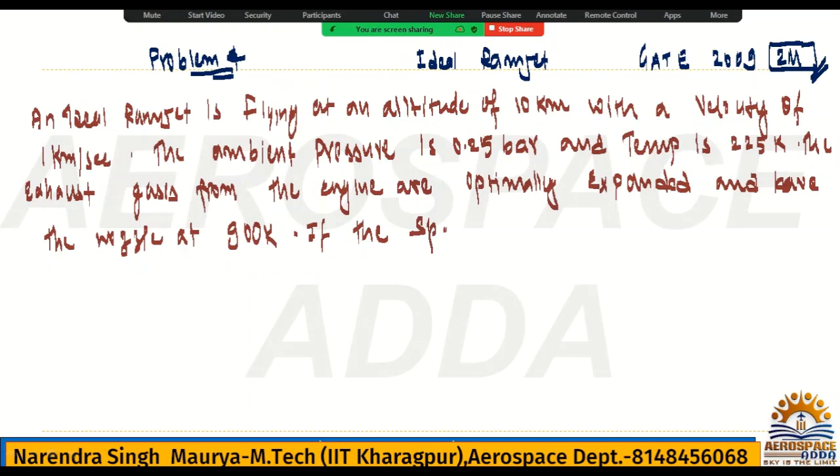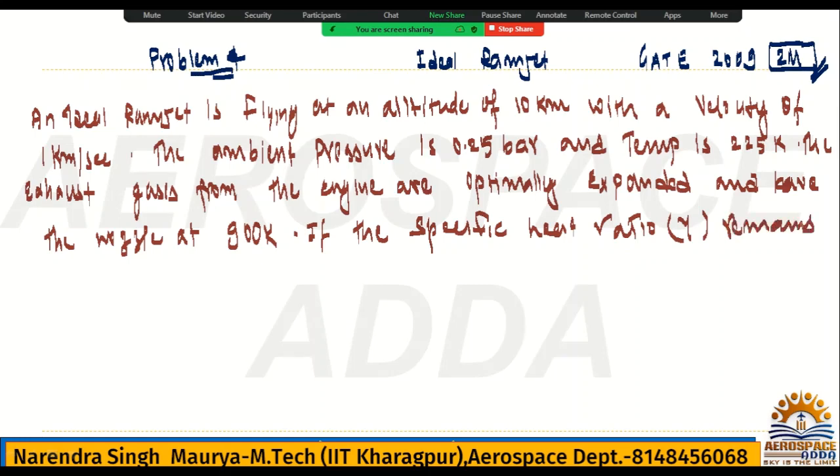If the specific heat ratio, means gamma, remains constant.